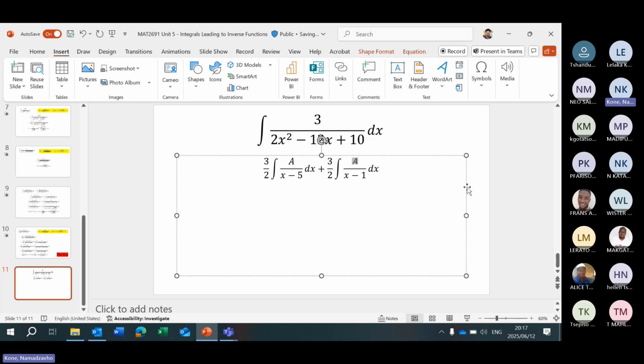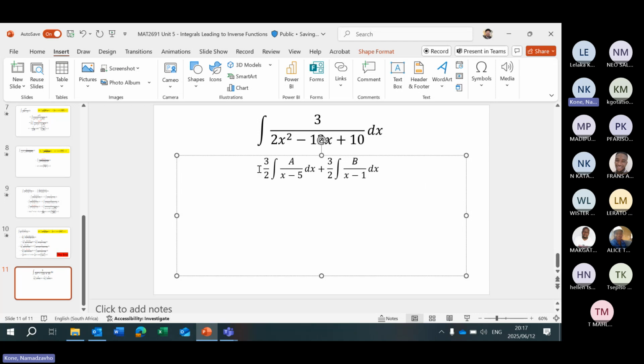So can you please do partial fractions and let me know what are the values of A and B? Quickly, please. As soon as you get these values, I will be available online. You will let me know what the values of A and B are. And then we can take it from here.